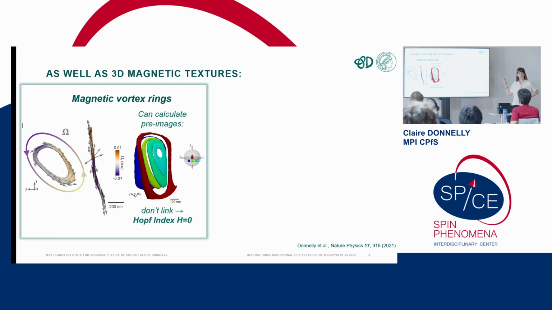For example, we can calculate these pre-images that are key to determining the Hopf index, or the linking of your texture. In this particular case, the pre-images do not link, so we do not have a Hopfion. But it shows us that if we did have a Hopfion, we would be able to really prove in 3D that it has the correct topology.